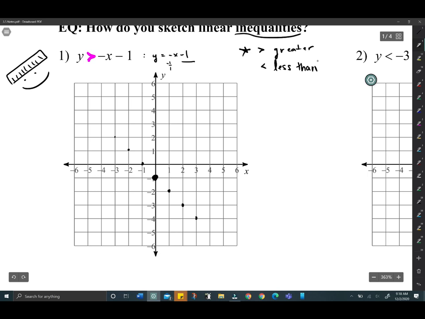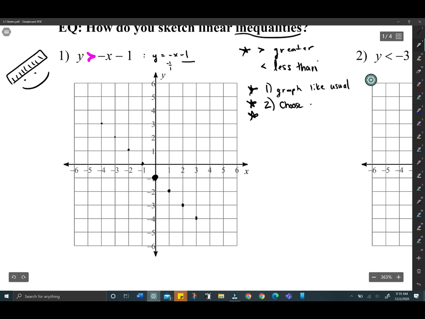Now, before I connect those, there are a few other things. Here are the steps for today. Step 1, graph like a usual graph. Step 2 is choose a line type.